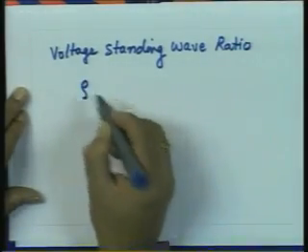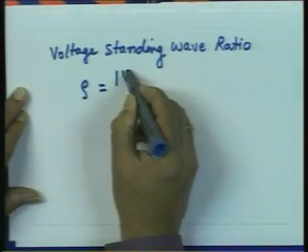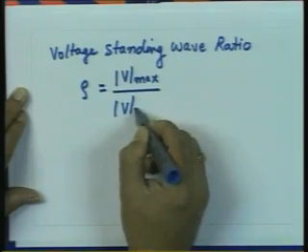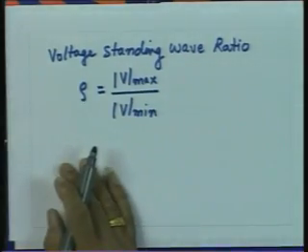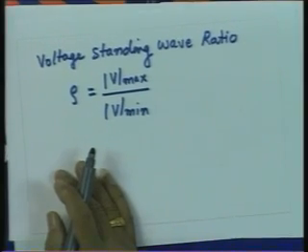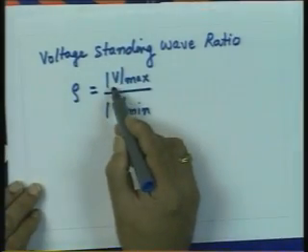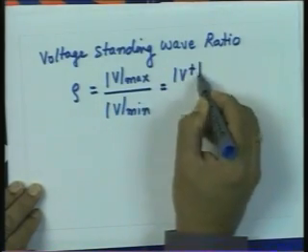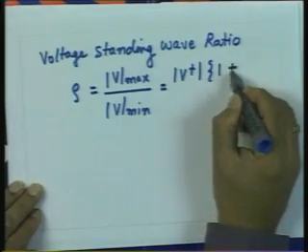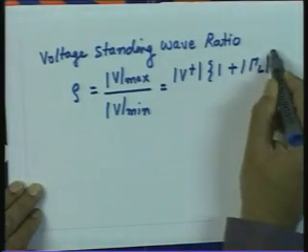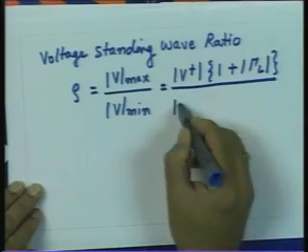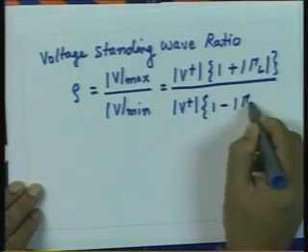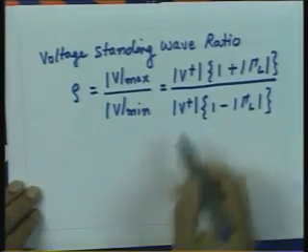Normally it is denoted by rho, which is mod V maximum value divided by mod V minimum value. And what is the maximum value of voltage I can see on the line? That is mod of V plus into 1 plus mod gamma L. The minimum value I can see on the transmission line is V plus into 1 minus mod gamma L. V plus cancels.